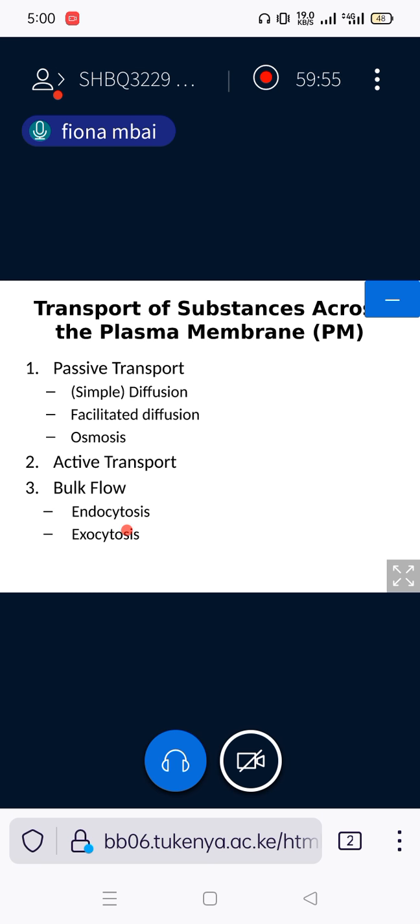So in endocytosis, you find the membrane invaginating, forming around the material and bringing it into the cell. In exocytosis, you have a vesicle which travels to the membrane, attaches to it, and then the membrane opens up and releases the material, and that is called exocytosis.